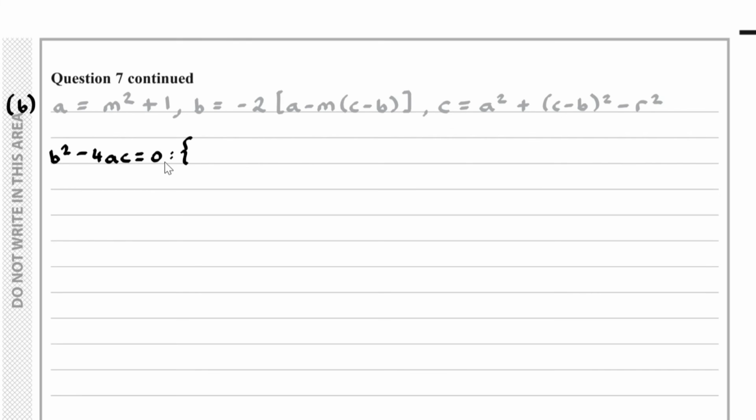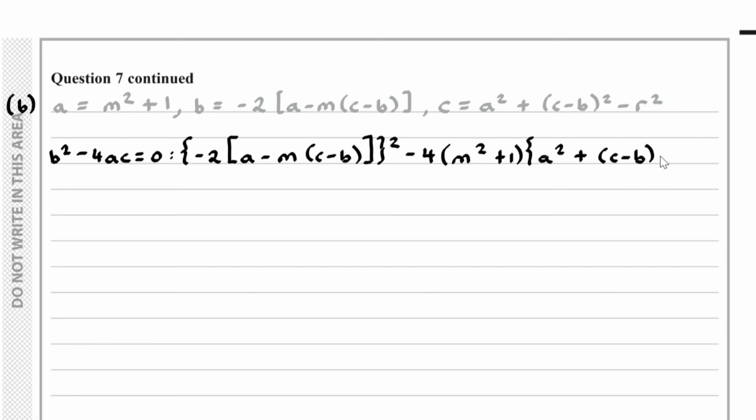We've got b squared, so that will be minus 2 multiplied by a minus m times by c minus b, and then this is squared. Then we subtract 4 times by a, which is m squared plus 1 times by c, and c is a squared plus c minus b squared minus r squared, and we set this equal to 0.